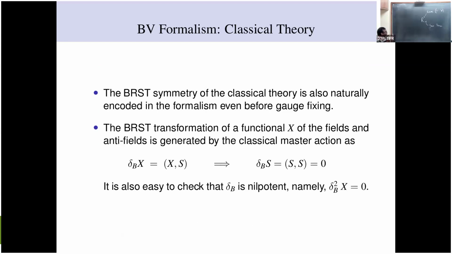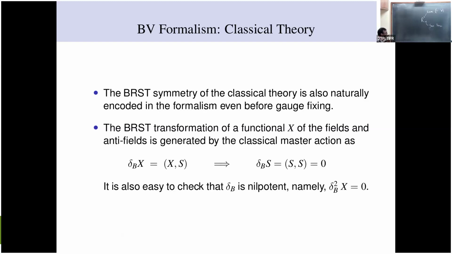And now we also have this BRST symmetry of the classical theory. In this formalism, this BRST symmetry is present even before the gauge fixing, and it is generated by this anti-bracket. So suppose you have some functional X, which is a function of field and antifield.